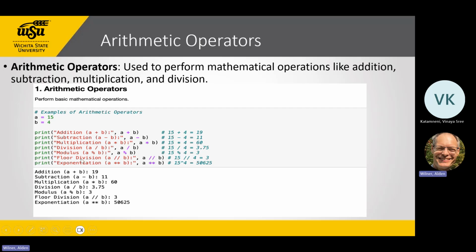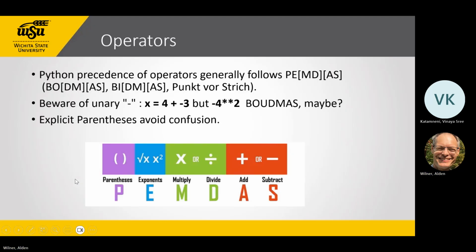And what happens if you do floor division with a negative number? I'll let you go load up Jupyter Notebook and ask yourself that if you care. Exponentiation, of course, 15 raised to the power of 4, right? And there's our outputs in there.